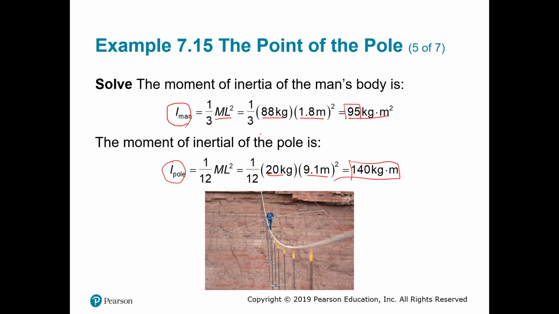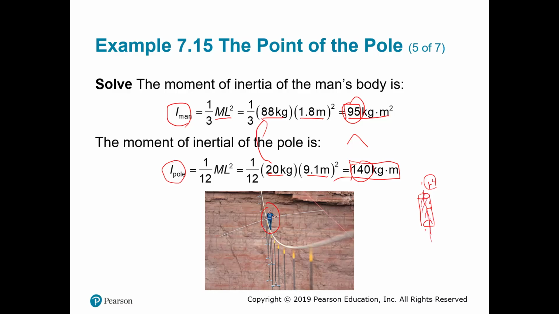Even though the actual mass of the body is roughly 4.5 times heavier, the moment of inertia of the pole is much greater. Why? Again, moment of inertia depends on the mass distribution. For the human body, this is the axis, and most of the mass is very close to the axis. That means the r squared value is very small.